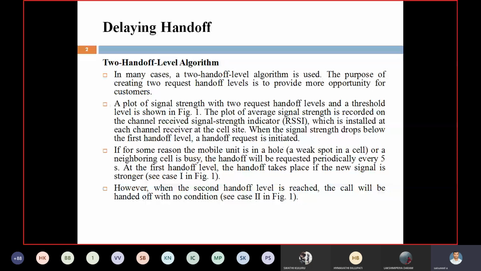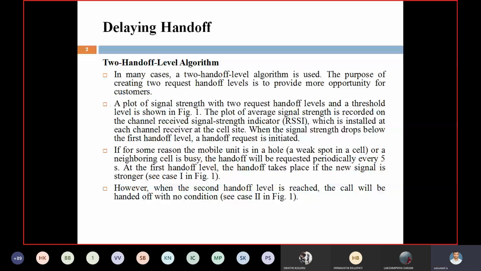The threshold value is a signal level. Whenever the mobile reaches the threshold value, handoff happens automatically. That is the concept. The received signal strength indicator is usually available in both the cell sites and the mobile unit. Whenever the signal strength decreases, automatic handoff can be initiated.